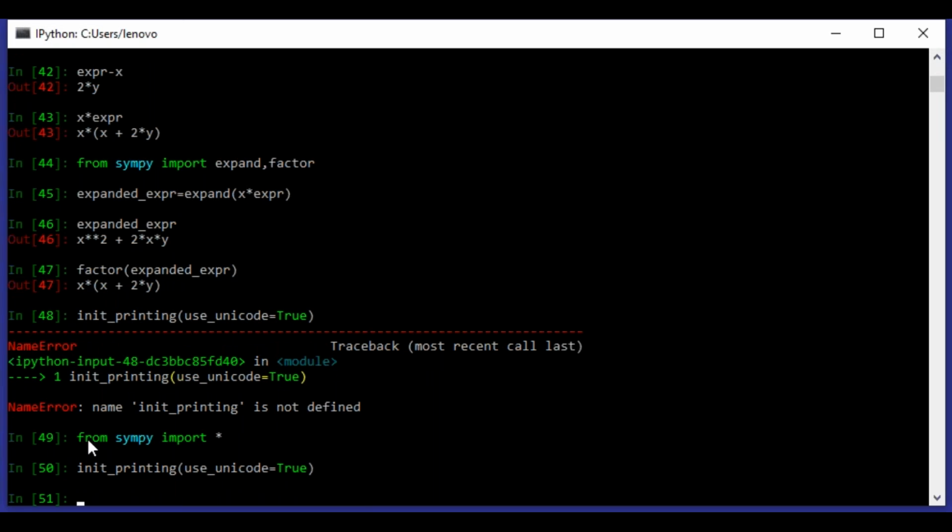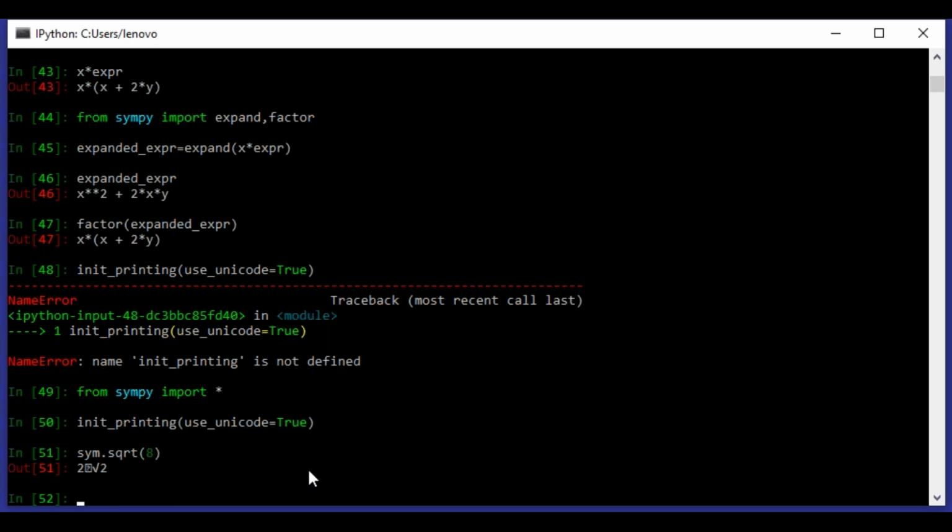You initially run this code, from SymPy import star, then init printing with use Unicode equal to true. Now we can try that. Sim dot square root of 8. Okay, it is displaying as 2 root 2. In place of sqrt, it is showing the square root symbol here.